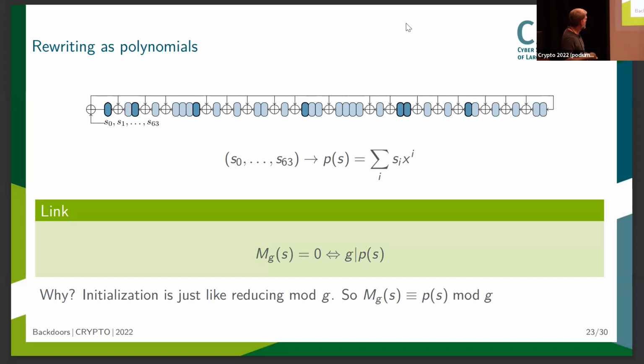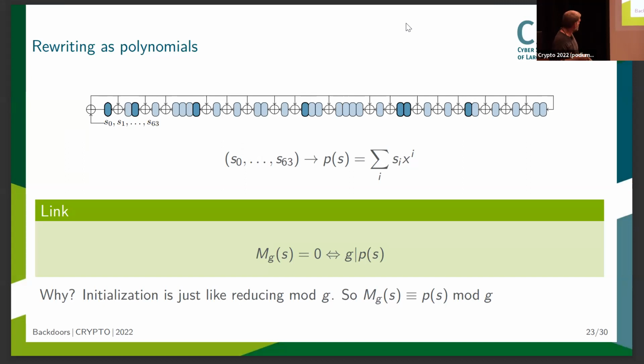Intuitively, this initialization is nothing else than computing this polynomial modulo G. Now you flip a bit, and depending on if it's set or not, you're going to add the polynomial g. So I think it makes sense that this is like this. Yeah, so it's just reducing mod g, and so if this is reducing mod g, then it's 0 if and only if it's divisible by g.